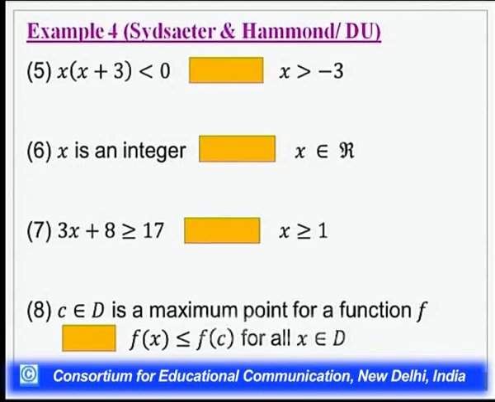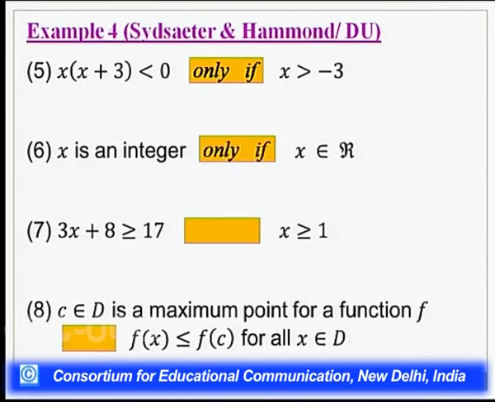So the implication would go from the left to the right, so we will enter only if. In the next example, if x is an integer, x belongs to R, but not the other way around. Again, x being an integer is a sufficient condition to say that x belongs to R. So we will enter only if.